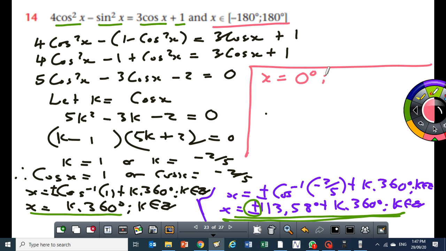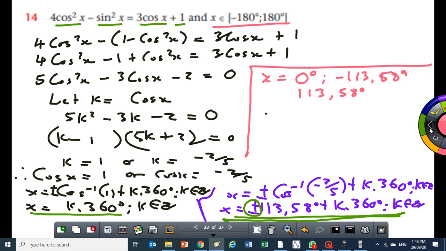Then you need to move on to the second one. Put k equal to 0 here, you will get two values, the positive 113.58 and the negative, so we can write both here. Both are valid, plus or minus 113.58 degrees.